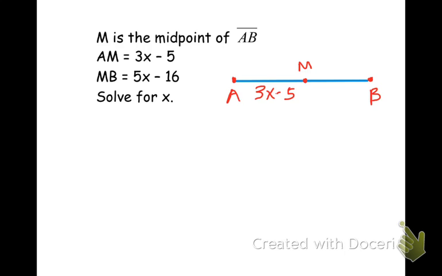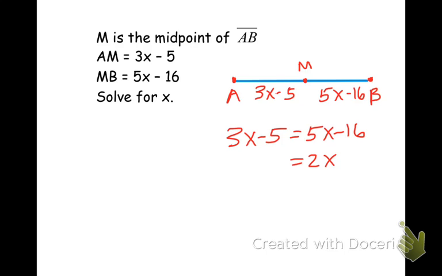We know MB has a distance 5x minus 16. Based on the definition of a midpoint, we know that those distances must be equal. And we can solve for x. Subtract 3x from both sides, add 16 to both sides, and x is equal to 11/2, or 5.5.